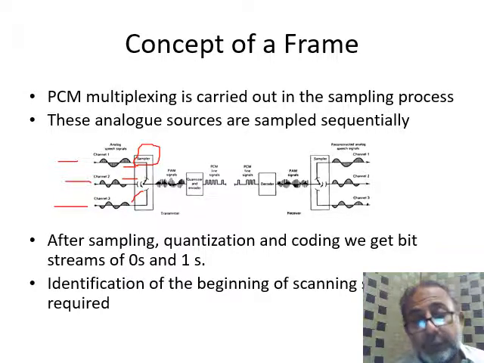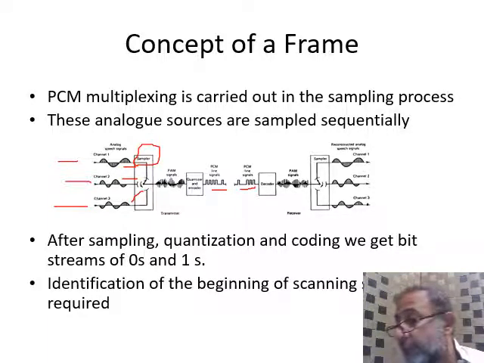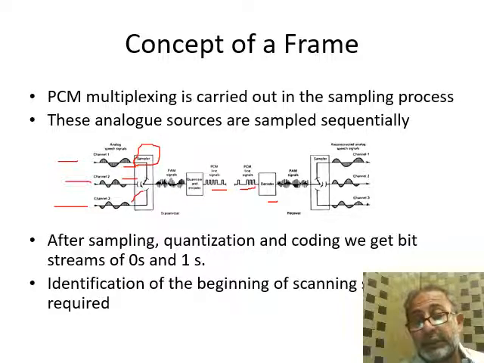In this way we get a digital signal in this format, and it is sent over a certain distance, and it is received, and then we have got a decoder over here, and from that decoder we get the same PAM signal that we created earlier, and that is recovered.